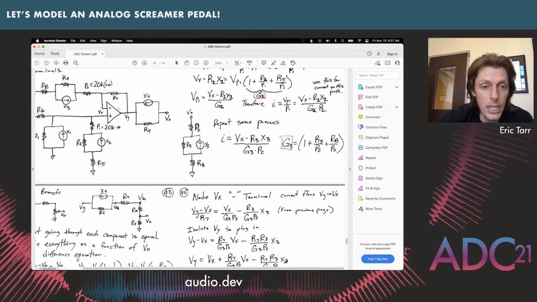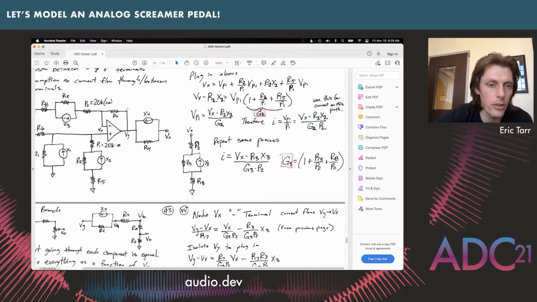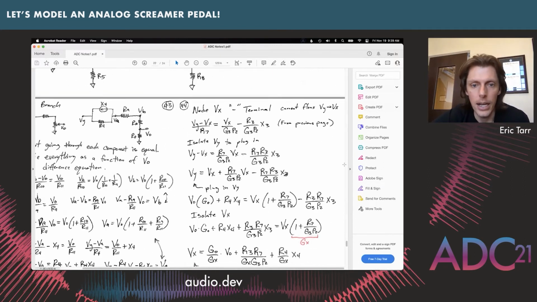We know Vx, we know Vy, and so there's a current going across this node over to Vy through this resistor, and that has to be equal to everything that's going back down this way. I guess they have to be going into the same node. This one's going into the node from VY over to VX and from VX down to ground. So this is how we connect VY and VX together.